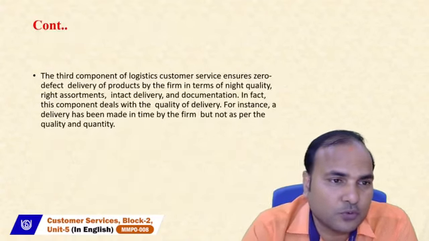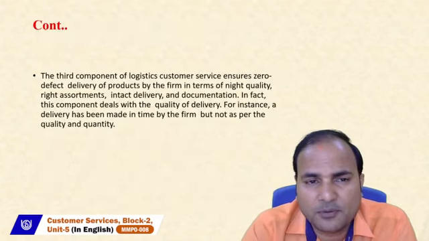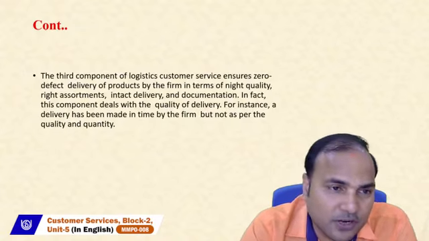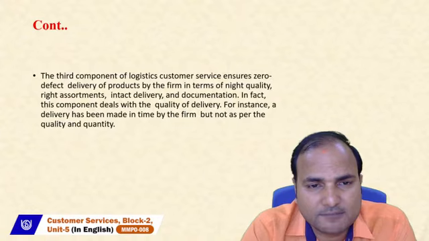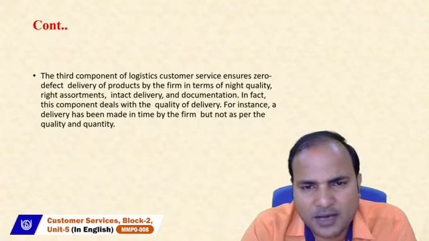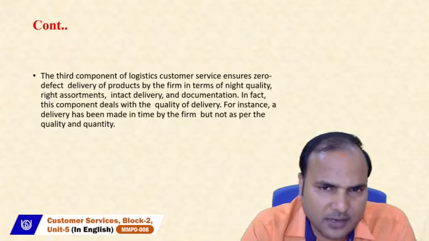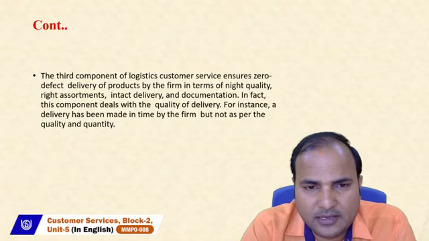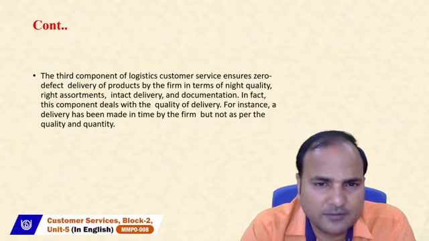The third component of logistic customer service ensures zero defect delivery of the products. You have to ensure zero defect delivery by the firm in terms of right quality, right assortments, intact delivery and documentation. In everything, it should be zero defect delivery.